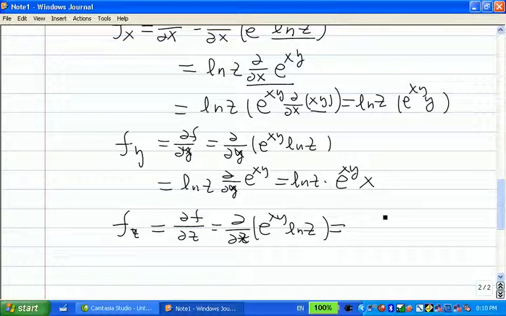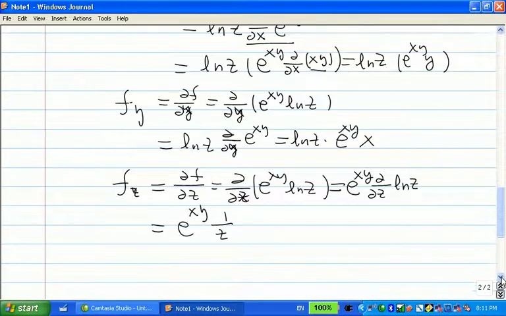You treat xy as a constant. So e to the xy is a constant. Put that constant out. Then find the partial derivative of ln z with respect to z, which gives you 1 over z. Okay, then we're done.